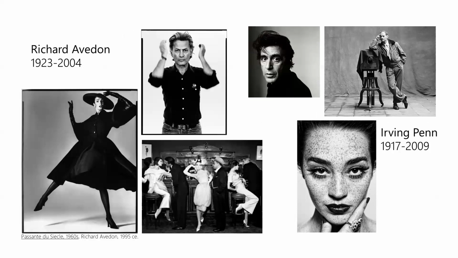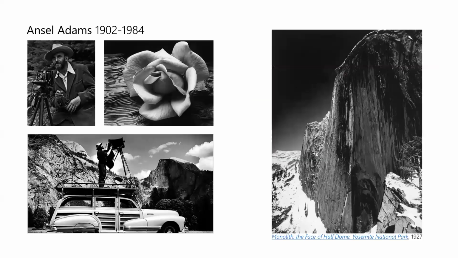So this is also true where we start to see a number of photographers who are both fine art photographers, but who also are employed in the fashion industry, most especially Richard Avedon and Irving Penn, both amazing photographers. And I really should have put Ansel Adams before these guys, to be completely honest. But anyway, there we go.